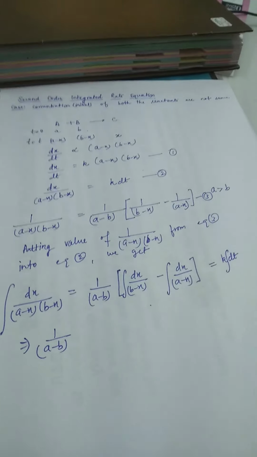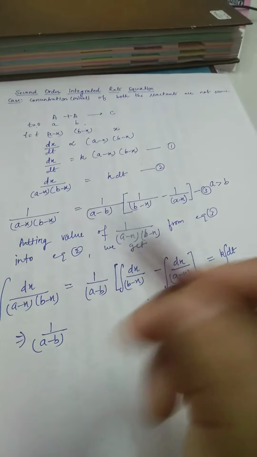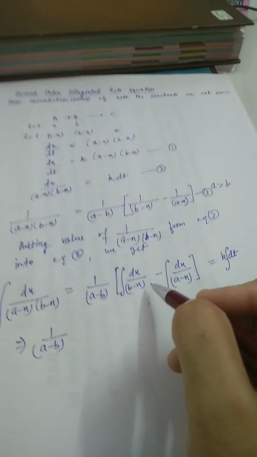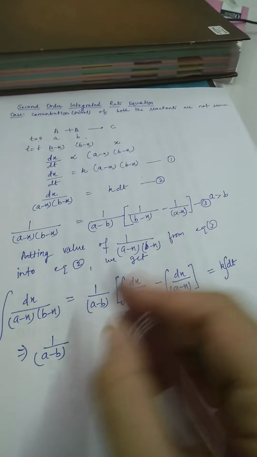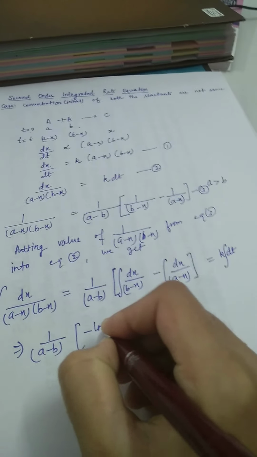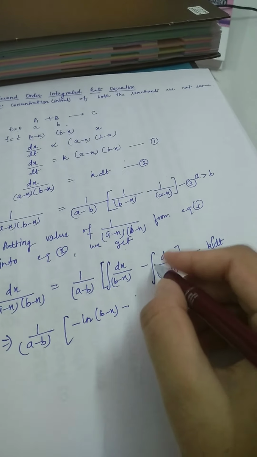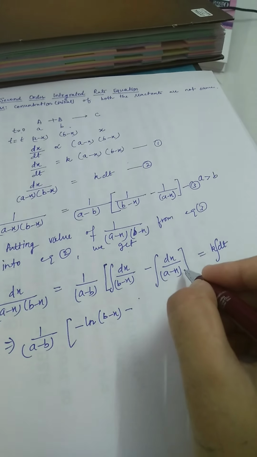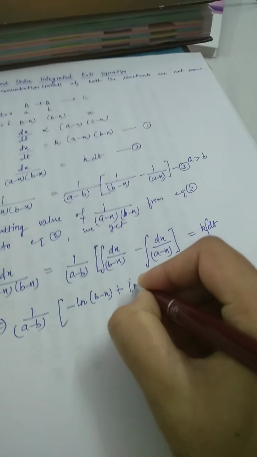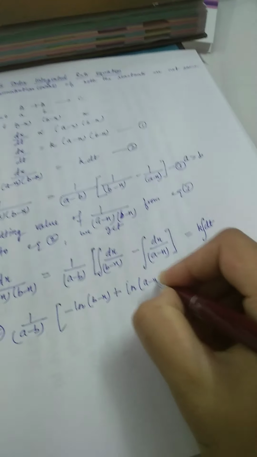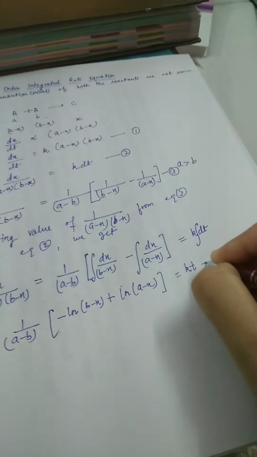The integration of dx by x is log x, but here we have a negative x, so we get a negative sign outside: minus ln (b minus x). Similarly, the next term becomes minus ln (a minus x), but because of the negative sign here, it becomes plus ln (a minus x). The right side is kt plus c.